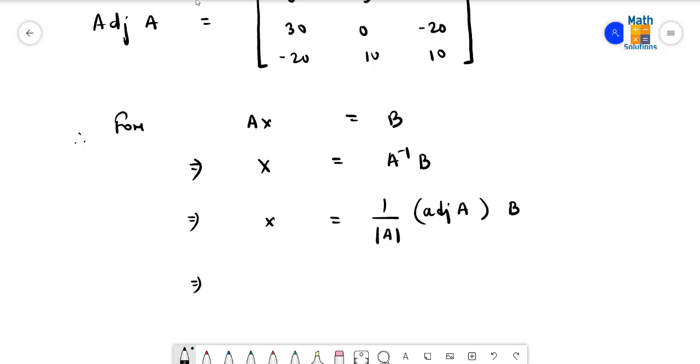This will be x equal to 1 by 50. Then adjoint of A we are getting here as 0, minus 5, then 10, then after 30, 0, minus 20, then after minus 20, then after 10, then after 10.